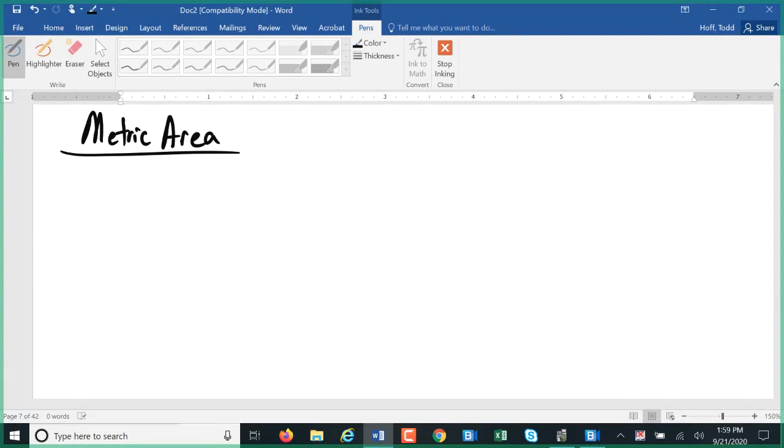It hasn't even caught on in European countries where the metric system's been used for almost 30 years now. We're just going to stick with square meters, square centimeters in our standard length units. So if you recall our length units, our major unit of length was the meter.